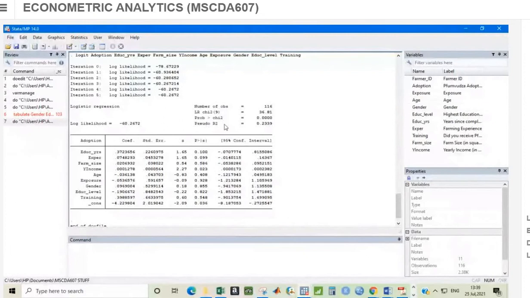The number of observations is 160, and the log likelihood chi-square with 9 degrees of freedom is 36. Is it significant? You can check against the probability. And you can tell that the overall performance of all these variables is statistically significant. Why? Because there is a 0 probability.